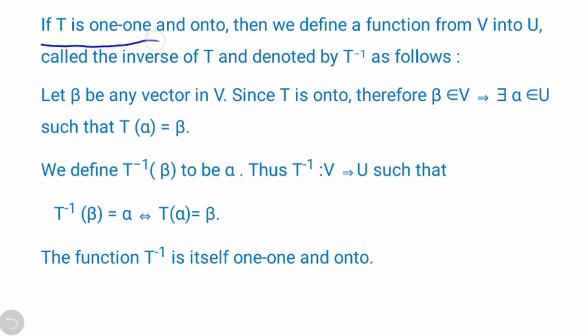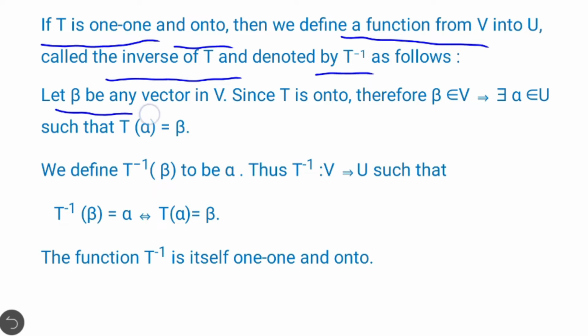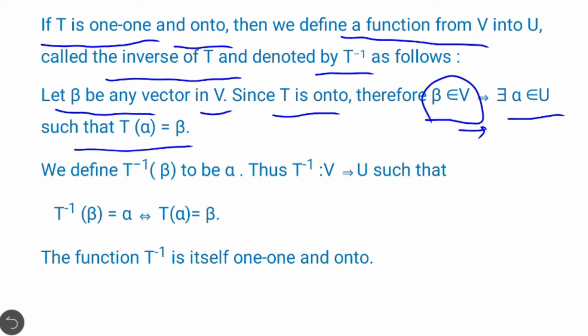Next, if T is 1-1 and onto, then we define a function from V into U called the inverse of T, denoted by T inverse, as follows. Let beta be any vector in V. Since T is onto, there exists alpha belonging to U such that T alpha equals beta.